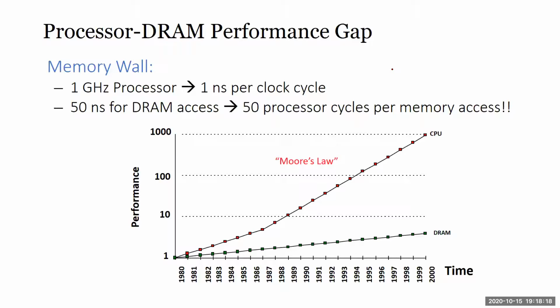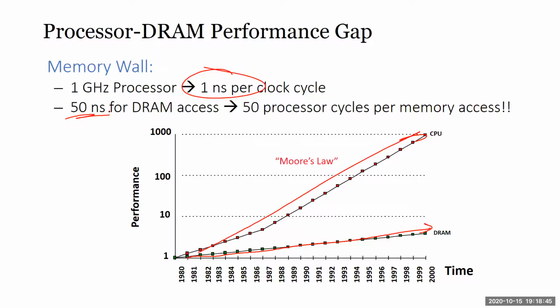Even though RAM keeps improving, it improves at almost a linear rate. Sorry, it's not really linear, it's still exponential, but your CPU increases at a much faster rate. Nowadays your processor clocks at 1 nanosecond per clock cycle.